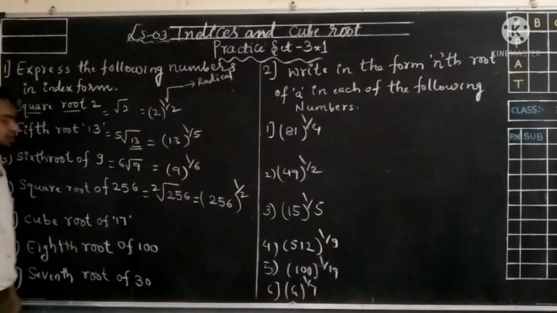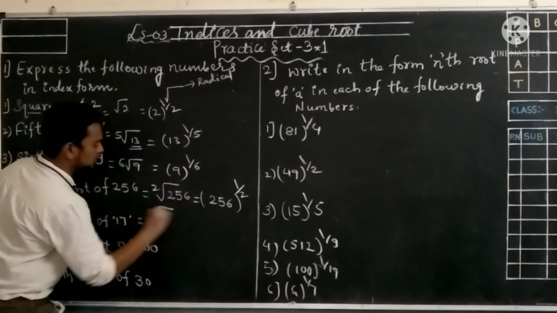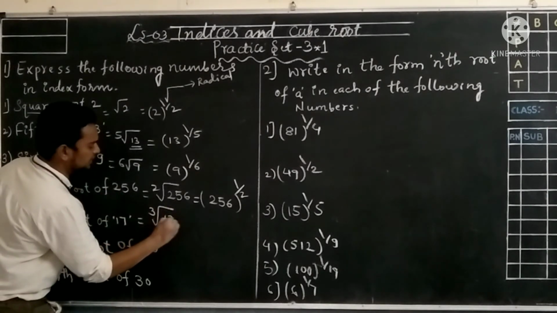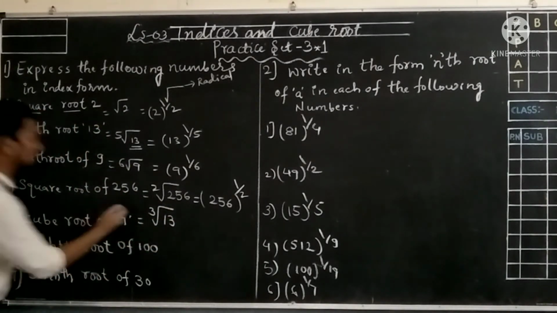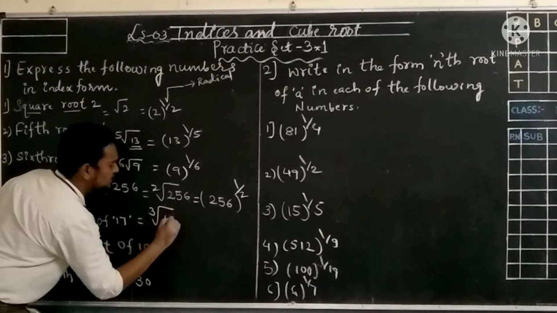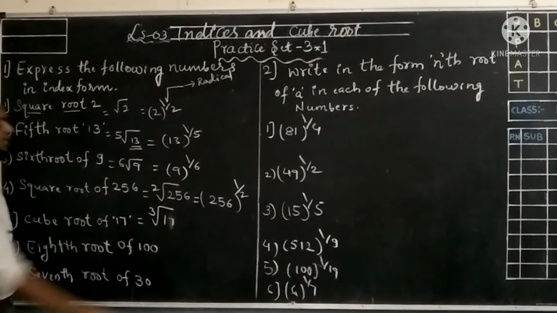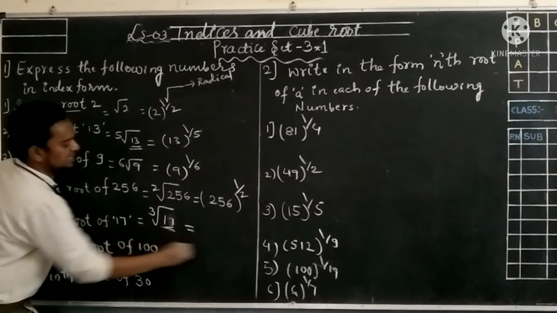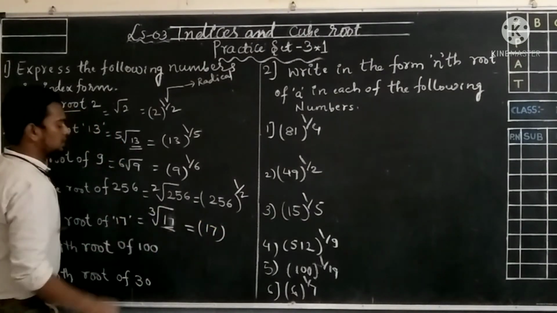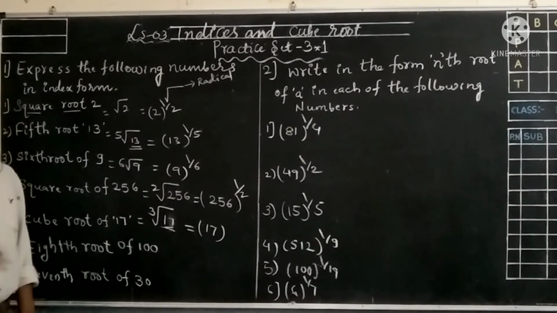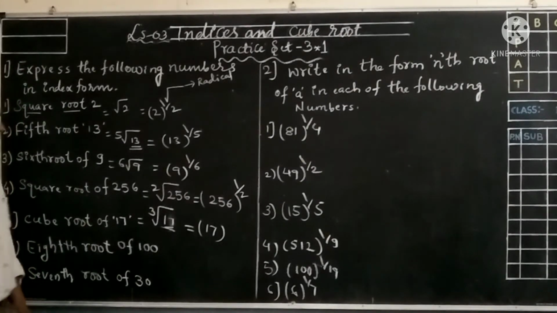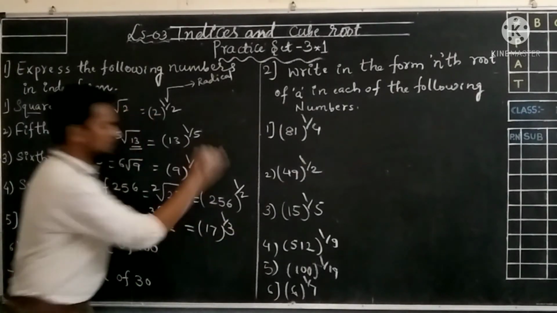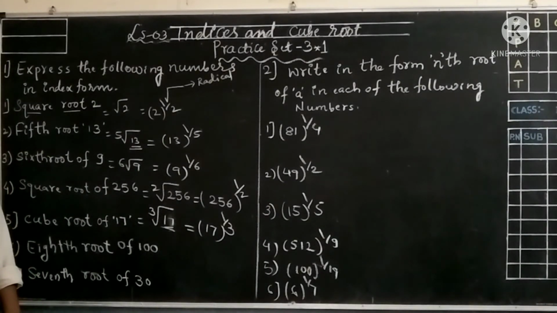Here cube root of 17. We write this 17 as it is. This cube root is converted into 1 upon 3. 8th root of 100.